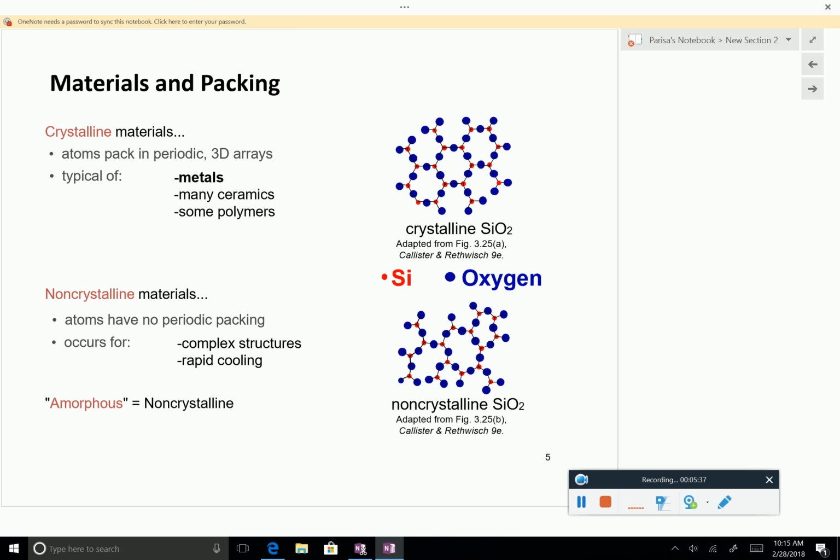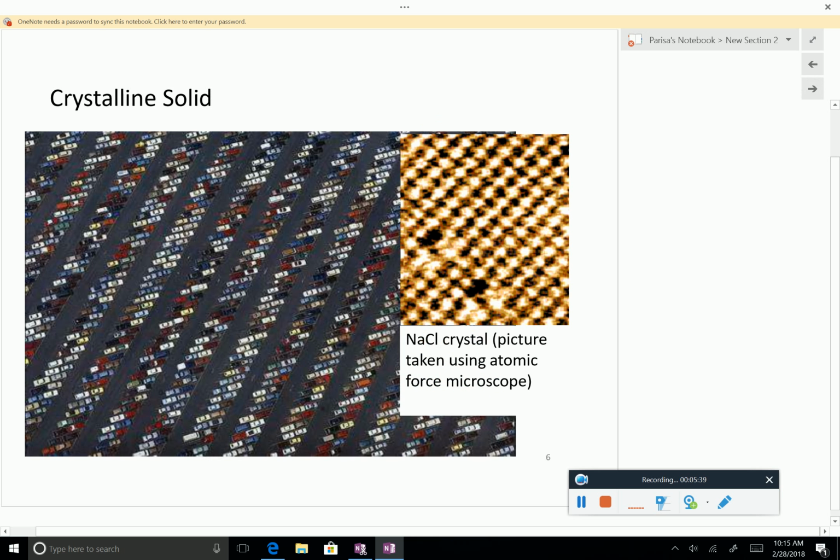If you want to visualize how a crystalline solid is different from an amorphous solid, you can think about a crystalline solid as a nice airport parking lot where all the cars are nicely parked. And this is actually a real picture of a salt crystal, and you see that everything is really nicely oriented.